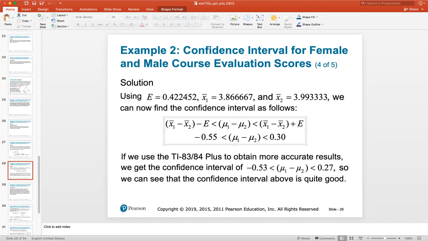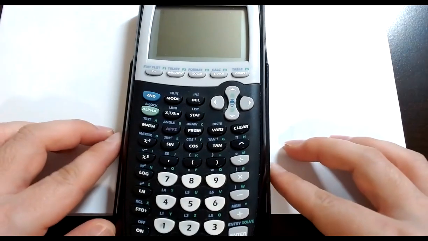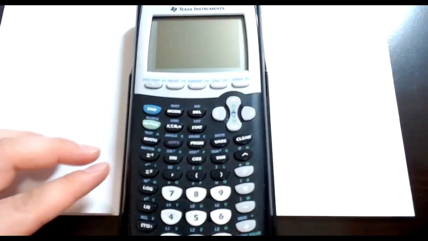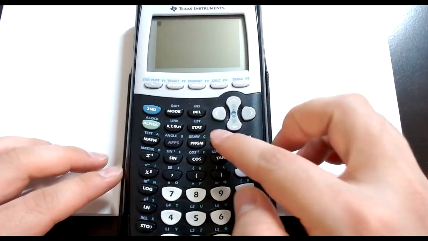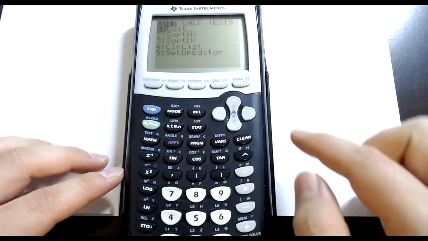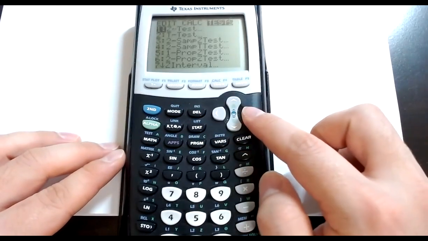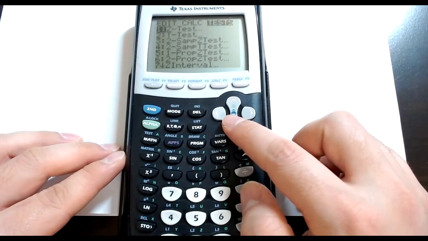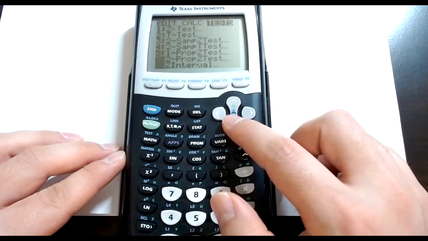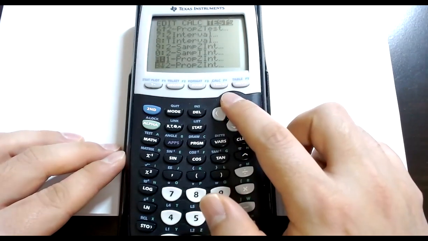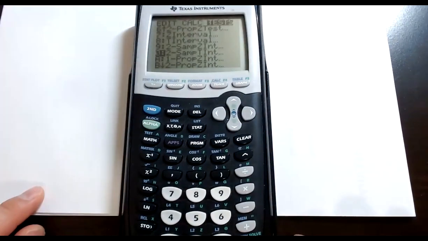All right, now let's figure out the margin of error. I mean, the lower bound and upper bound of the difference between two population means, okay, using the calculator. So we go to the stat, okay. So we go to test, and then you see a two sample t interval right there, okay.